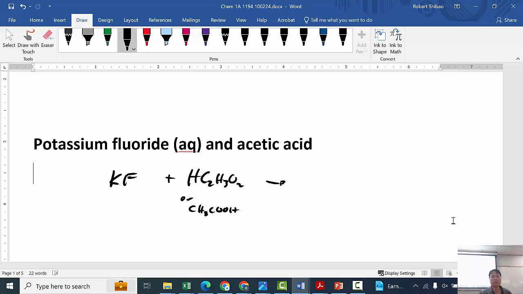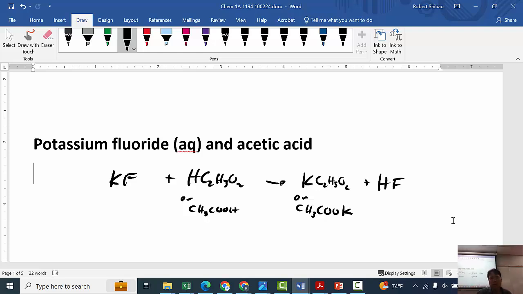And so this is going to yield what? So this is how potassium acetate's written in condensed structural form. Cation at the end.